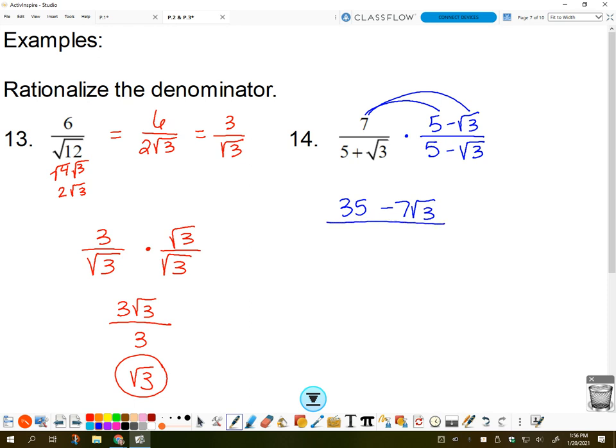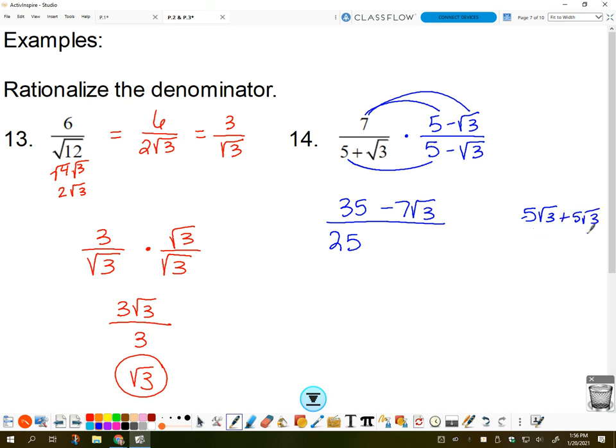On the denominator, I'm not going to write every piece down because some of them are going to cancel out, so listen carefully. We're going to do 5 times 5. You're going to do 5 times negative root 3. Then you're going to turn around and do 5, like this. You get 5 times negative root 3. And then you do 5 times root 3.